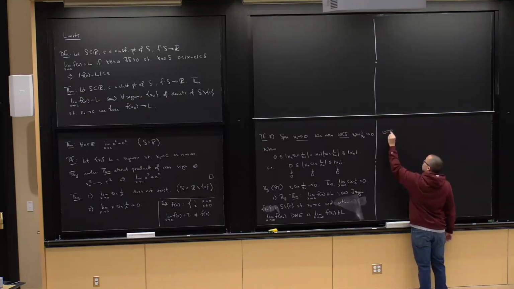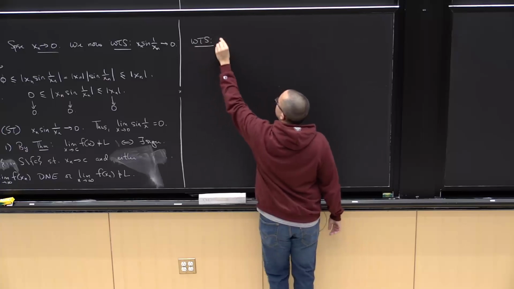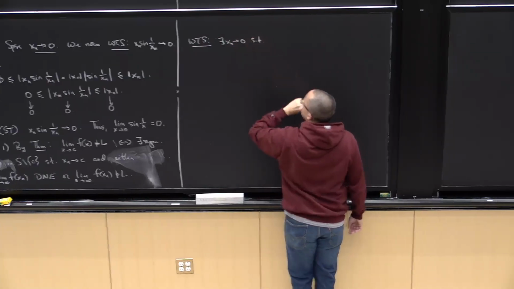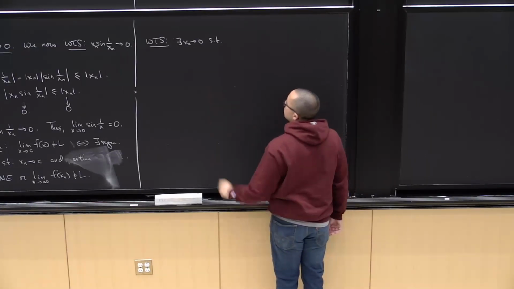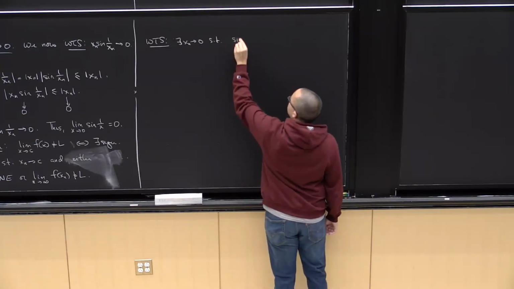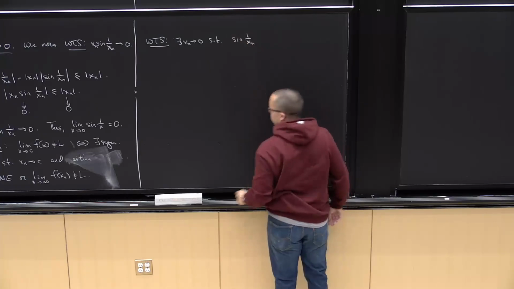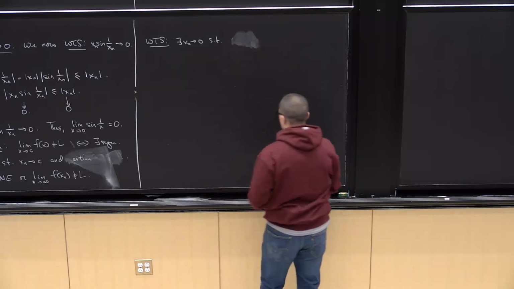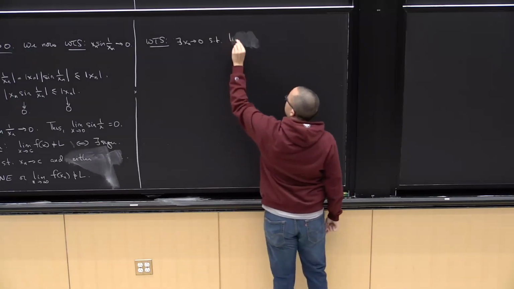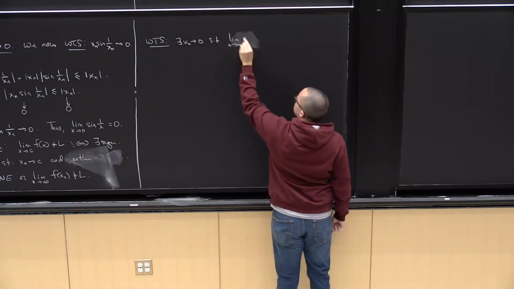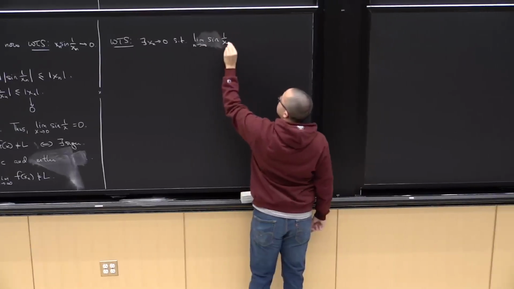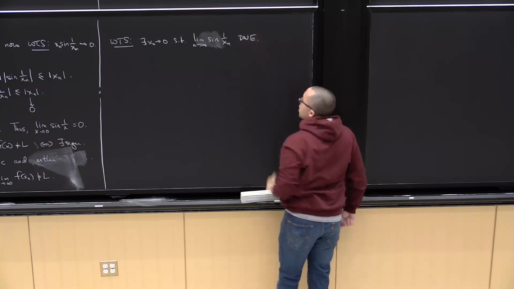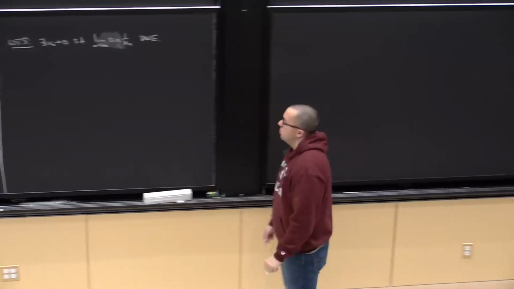So, to show: there exists a sequence x sub n converging to 0 such that the limit as n goes to infinity of sine of 1 over x sub n does not exist. Okay?